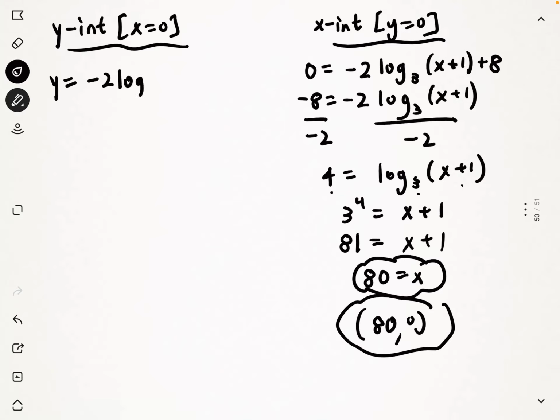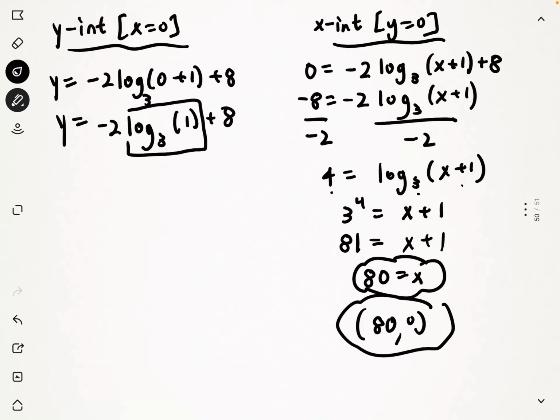I have to plug in 0 for x, and if I do that, I get y is equal to log base 3 of 1, plus 8, and I have to evaluate this log on its own first. If you remember from one of the first days in the log unit in 12a, that would be an answer of 0.